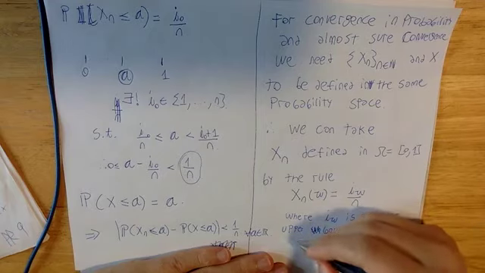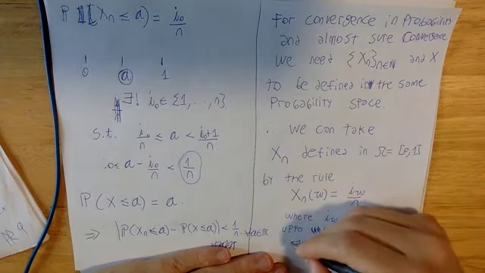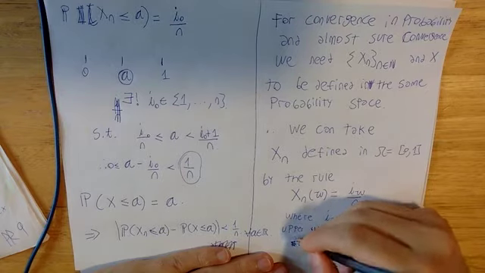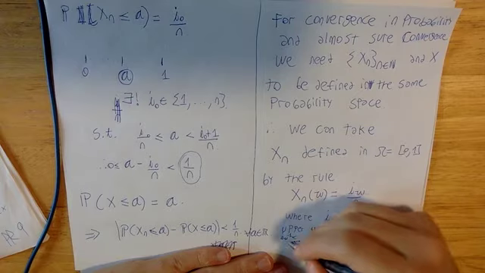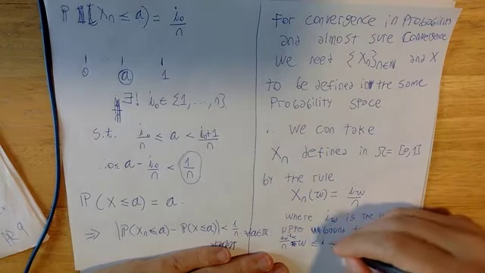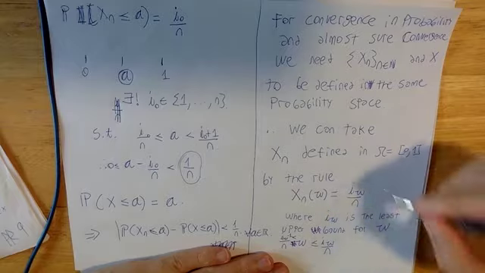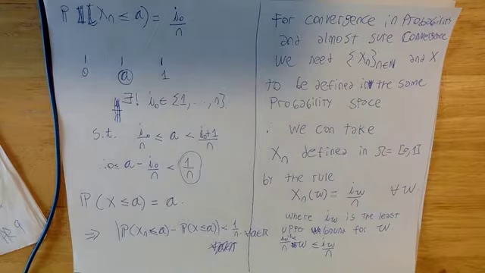Meaning that omega is less than or equal to i omega over n, and bigger than i omega minus 1 over n. And this is for every omega.